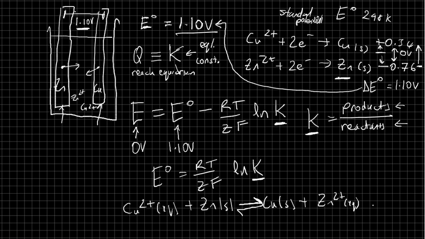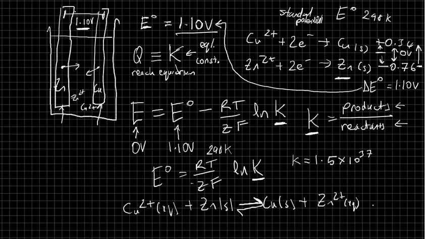So if you put all the numbers in, and this is at 298 Kelvin, then what you end up getting is that K is equal to 1.5 times 10 to the 37.